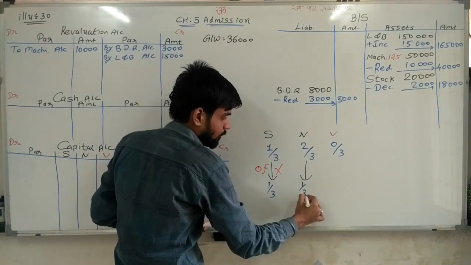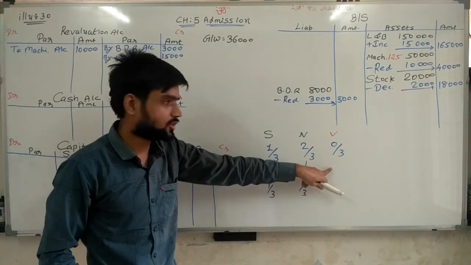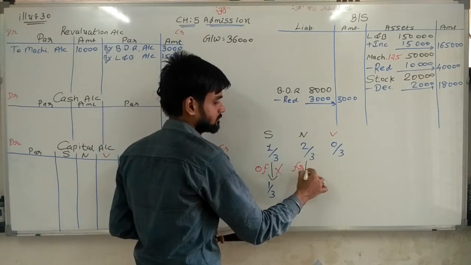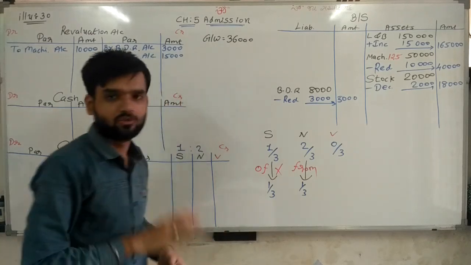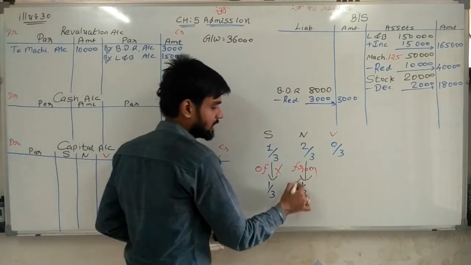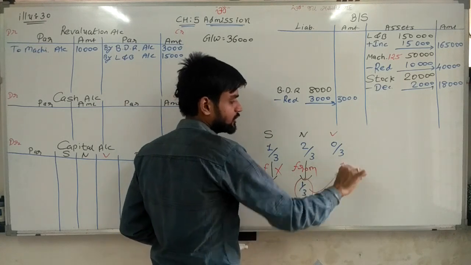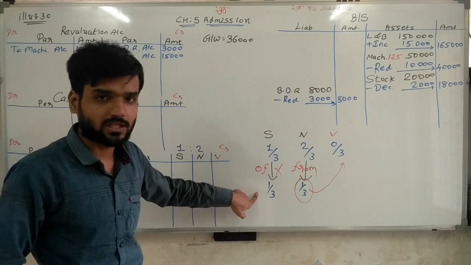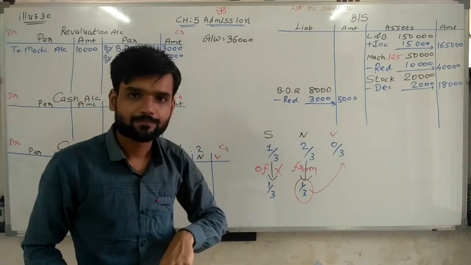So 1/3 directly given to Vijay. I don't need to multiply here because this 1/3 is directly given to Vijay. But this 1/3 is not directly given to Vijay.